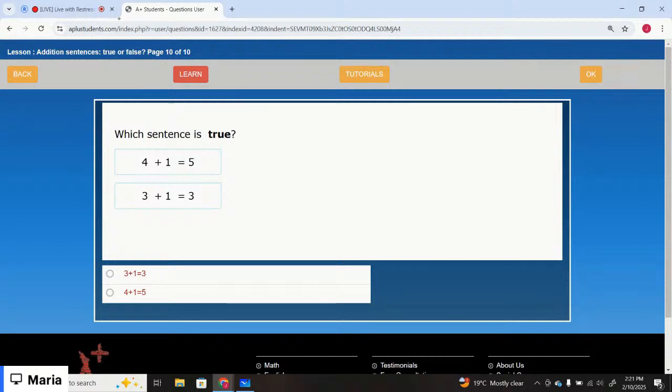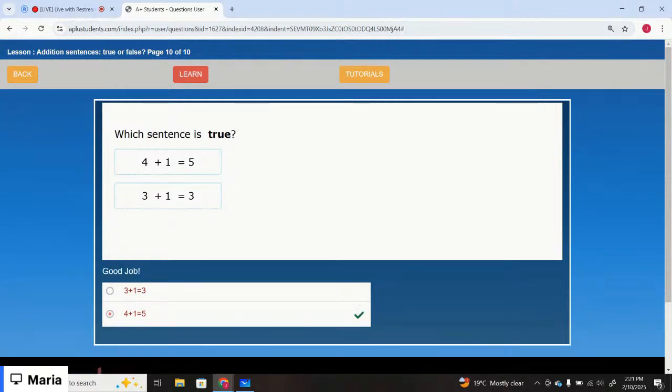That is 4 plus 1 equals 5. Option number 2 is the correct option.